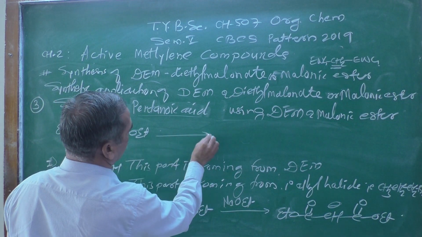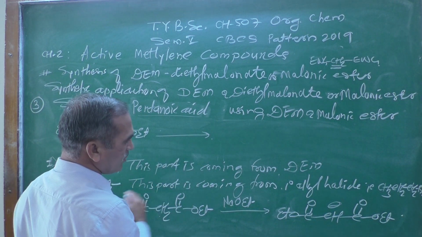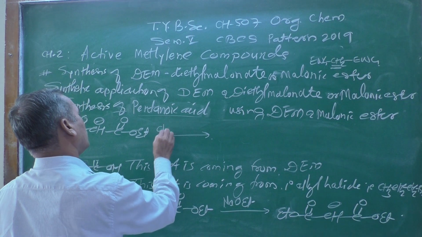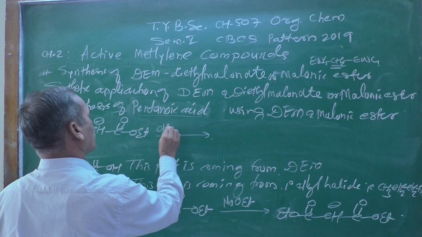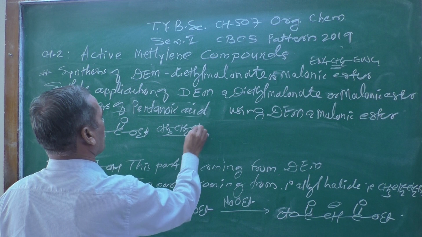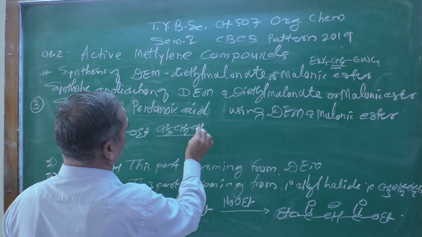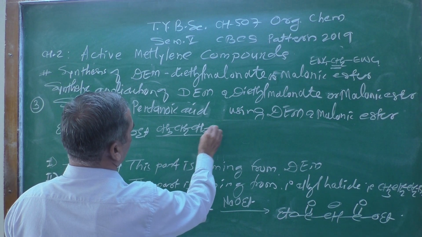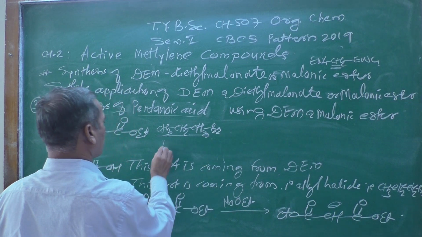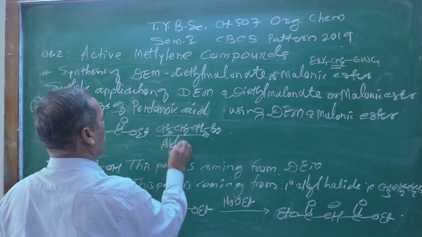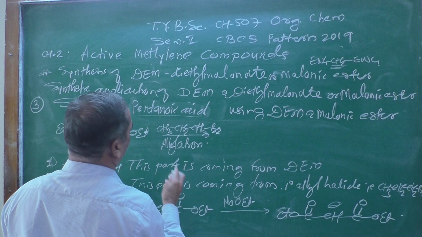and after that I am adding the appropriate reagent, CH3CH2CH2Br, and this process is known as alkylation.